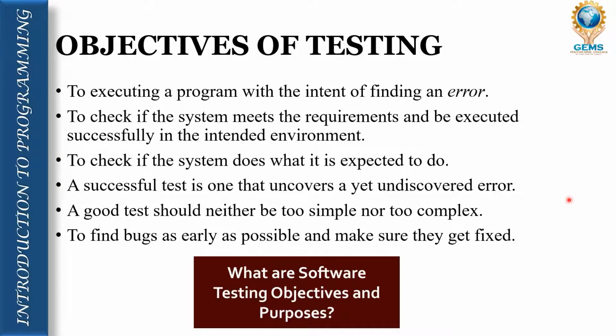Here is a beautiful sentence: a successful test is one that uncovers a yet undiscovered error. That means errors which are undiscovered are uncovered by the process of testing. Finally, we can say that the objective of testing is to fix the bugs as early as possible before the software is used.